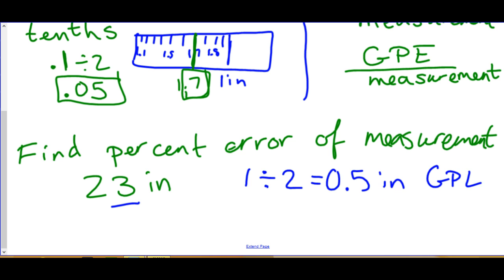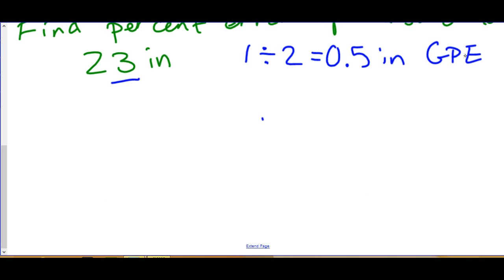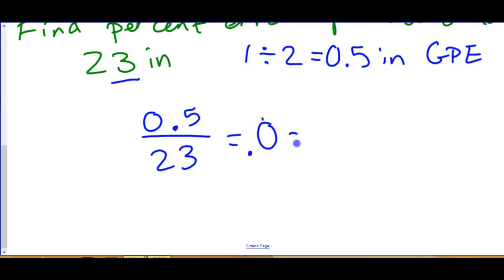I'm just going to keep using GPE for greatest possible error. To find the percent error, we take that greatest possible error and divide by our original measurement. So we take 0.5 divided by 23, which is 0.0217.